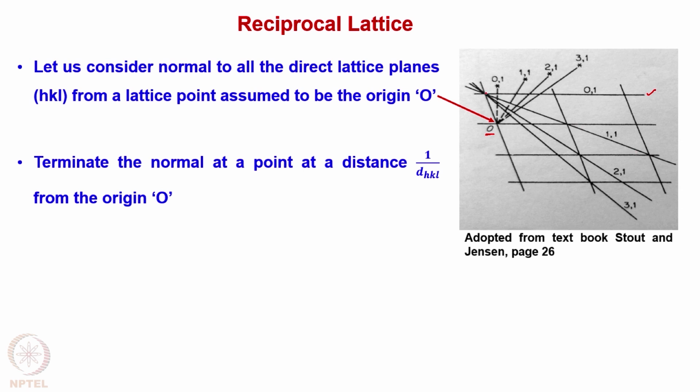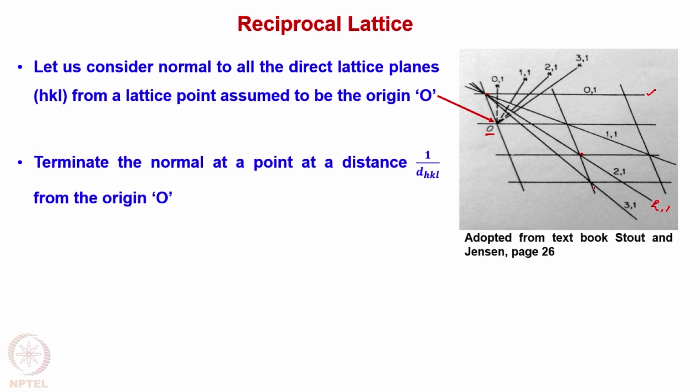The plane which starts from this point and goes through the second unit cell edge corner and continues is termed as 2, 1, and the one which cuts the third unit cell is called as 3, 1. So we have 4 sets of different direct lattice planes drawn here.